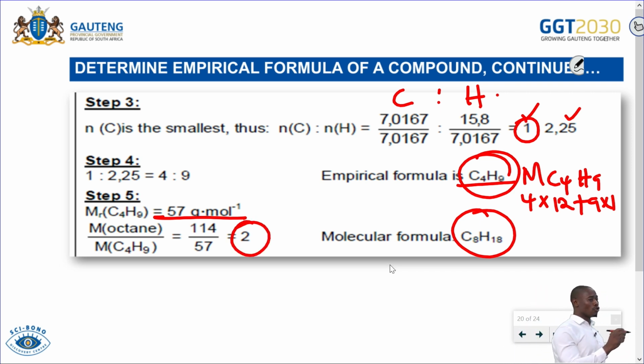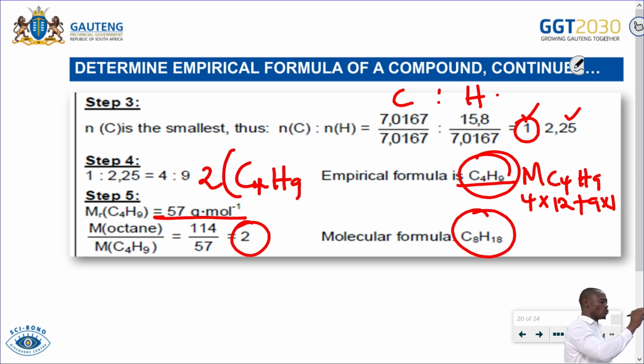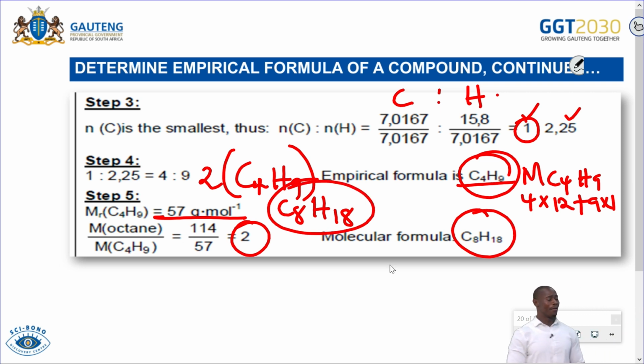Then you multiply the empirical formula, C4H9, by 2. So 2 times 4, I'm having C8; 2 times 9 is 18. So C8H18, that is the molecular formula of octane.